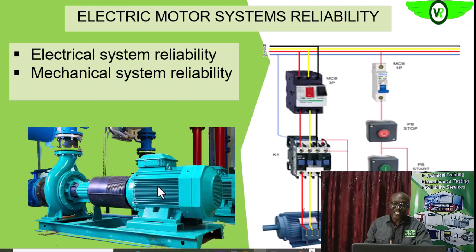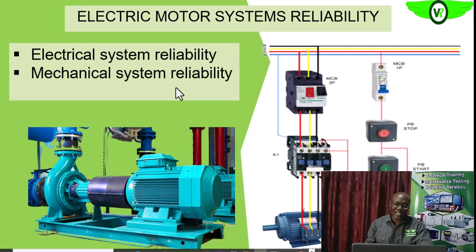Remember, what we needed from the system into our process will be delivered by that attached load to the electric motor system. So we are going to look at how we can ensure the reliability of this and thus ensure the reliability of the entire system. But first, let us look at the electrical system's reliability.